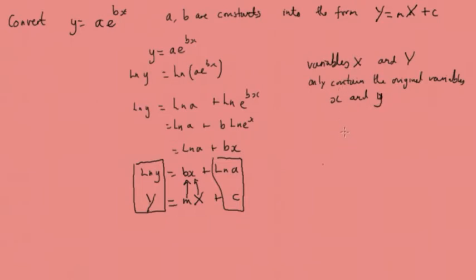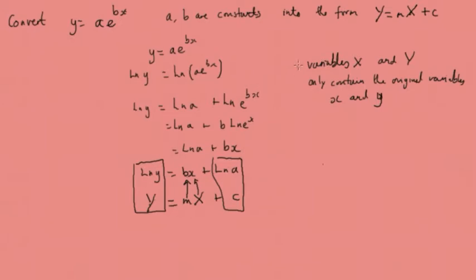They must not contain any unknown constants a and b. So here, x is separate, but log of y is Y and the log of a is c. You don't have any mixing of the variables in the big Y and big X parts.